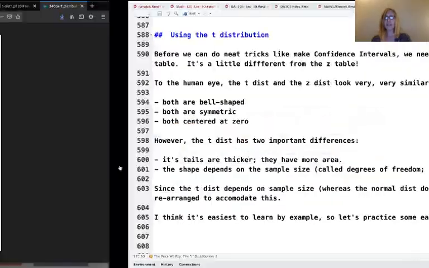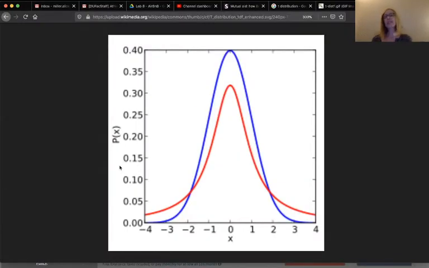Here is a picture that compares both the t distribution and the z distribution. They're not labeled on this graph, but you can tell the z distribution is the blue one. The normal distribution, or the z distribution, is blue here. It's got skinnier tails, they're shorter on the outside, and the variance isn't as big. It's more concentrated to the middle.